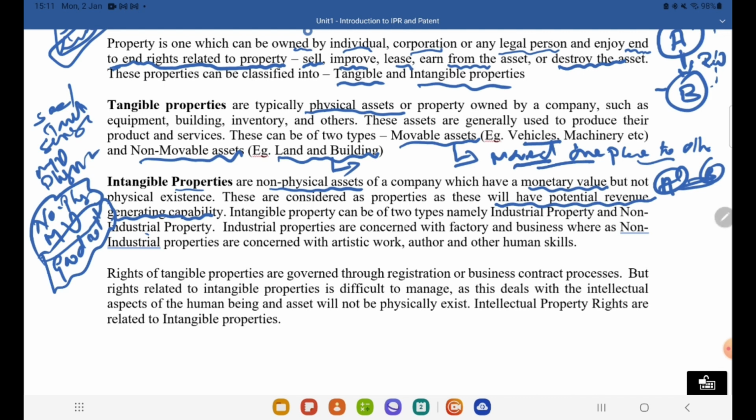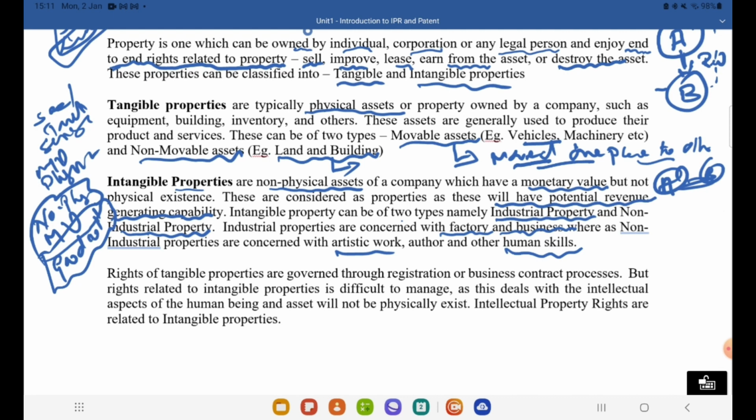Intangible property can be of two types: industrial property and non-industrial property. Industrial property is concerned with the factory, and any innovations or improvements we make in a factory or business. Non-industrial property is concerned with artistic work or human skills, like art made by a person or a book written by an author.